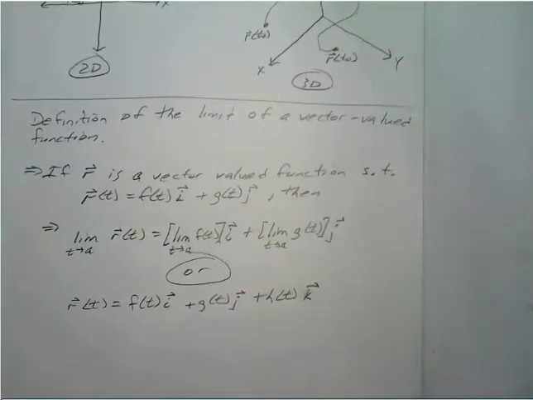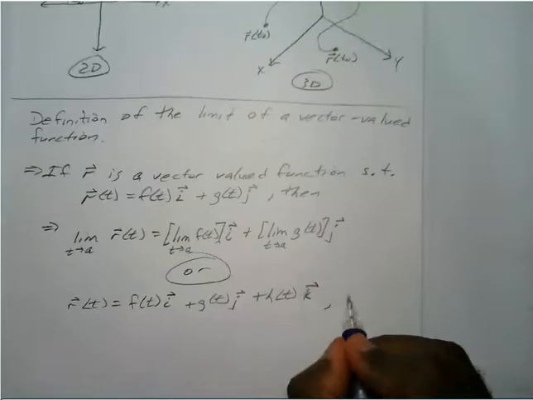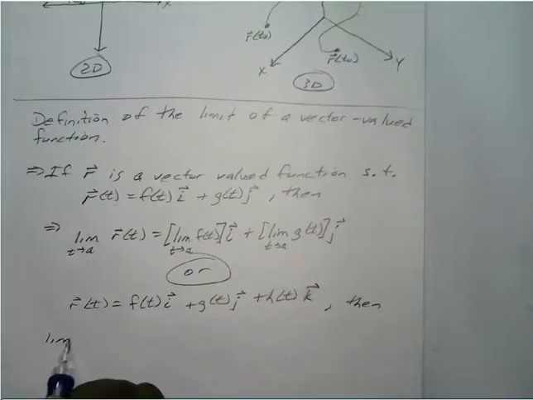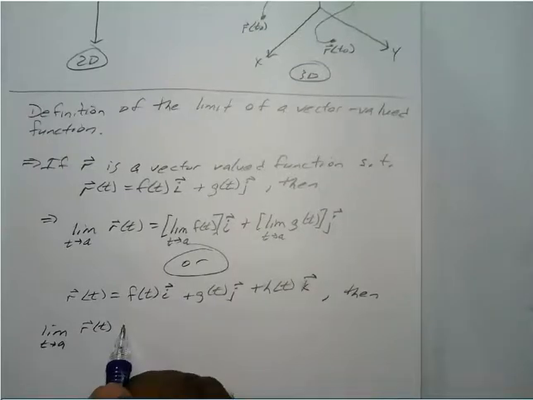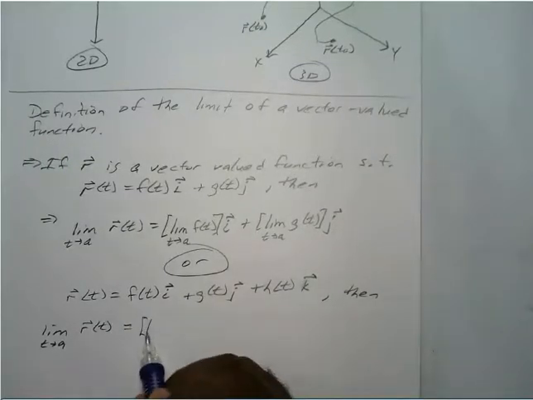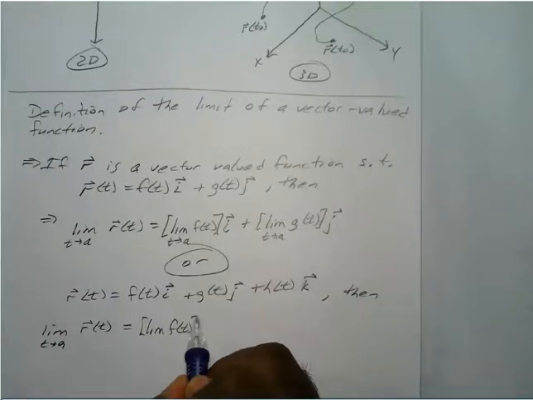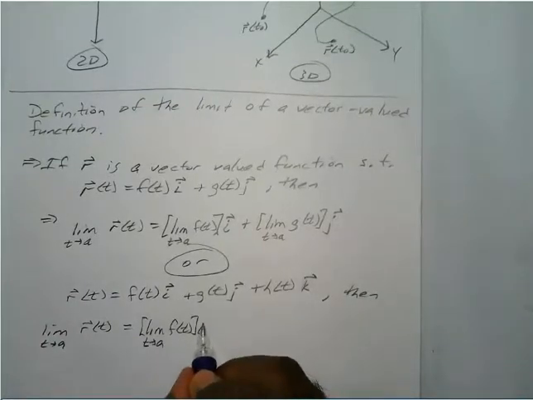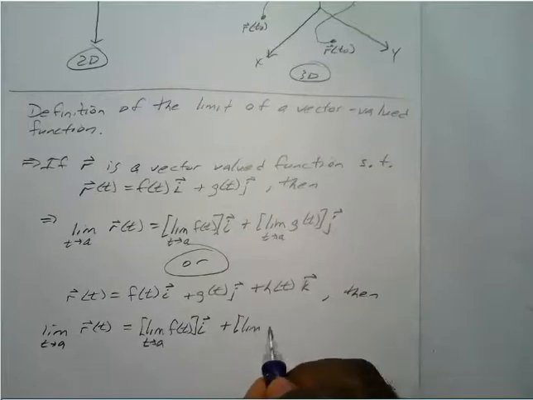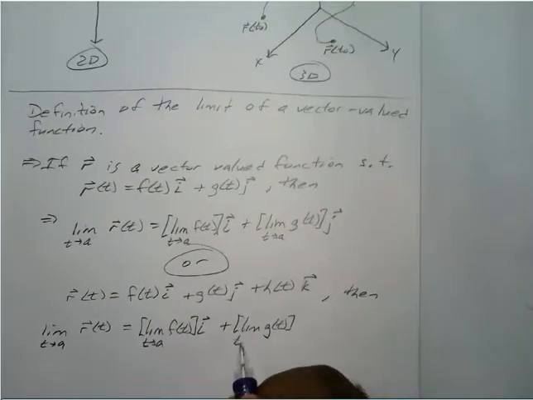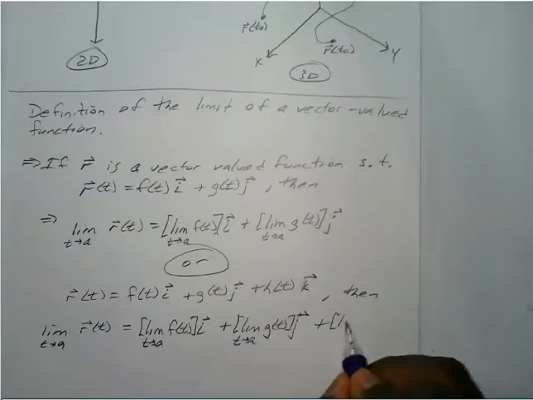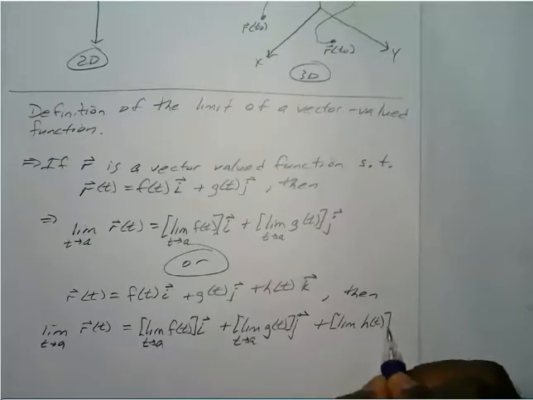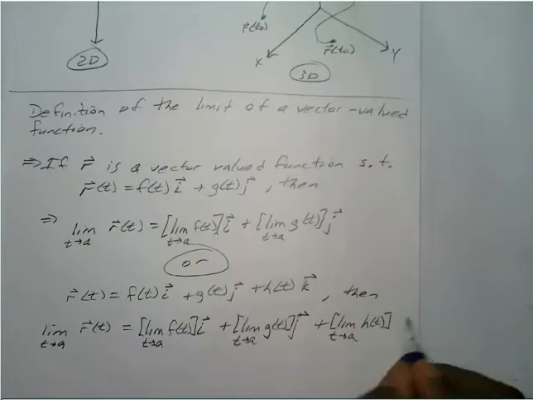Same thing, then that means the limit of r of t as t approaches some value a will equal the limit of f of t as t approaches a times the i vector, plus the limit of g of t as t approaches a times the j vector, plus the limit of h of t as t approaches a times the k vector.